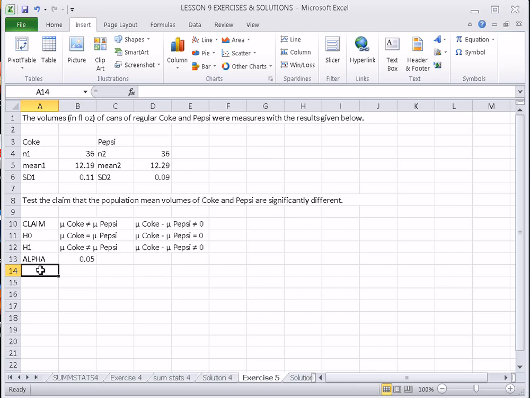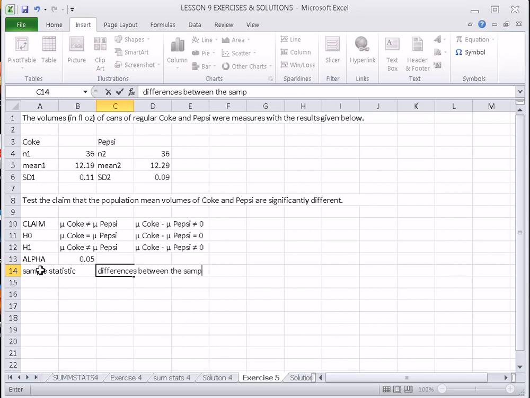Now for the sample statistic. Our sample statistic is the difference between the sample means.